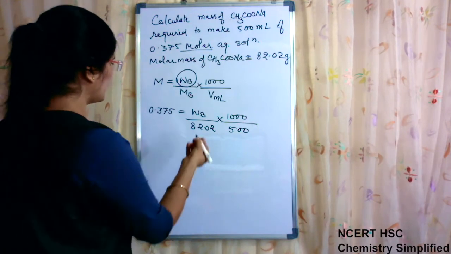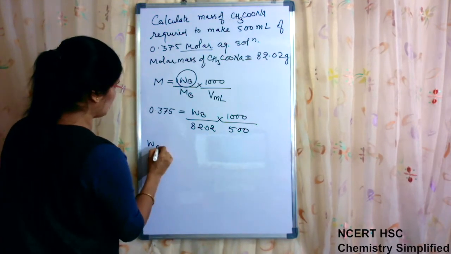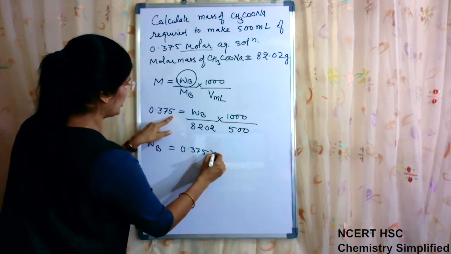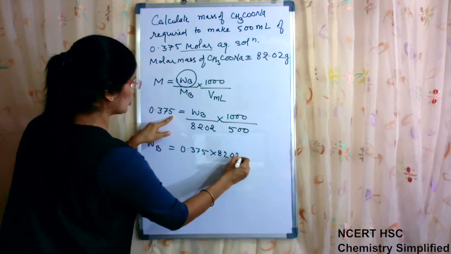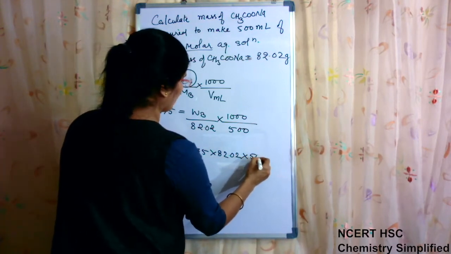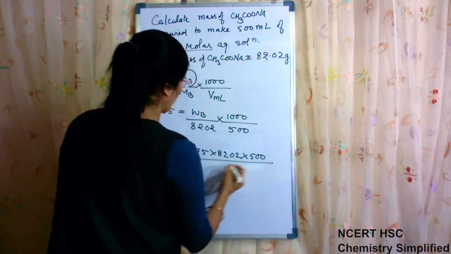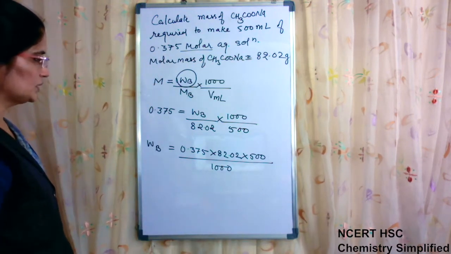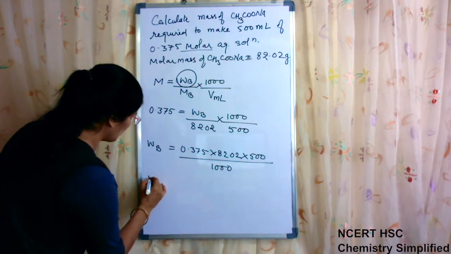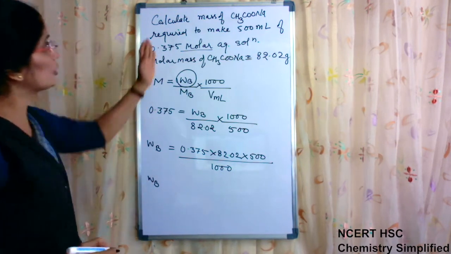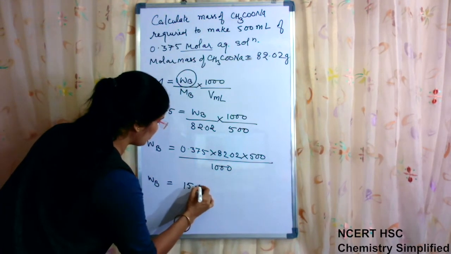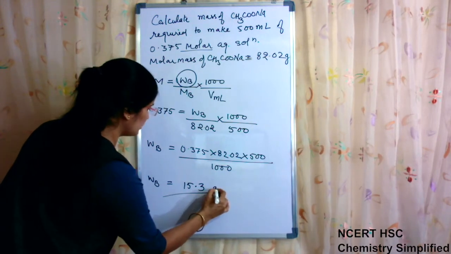The only thing we want to calculate is WB, which is equal to 0.375 into 82.02 into 500 upon 1000. So the mass of sodium acetate will come to about 15 point something grams.